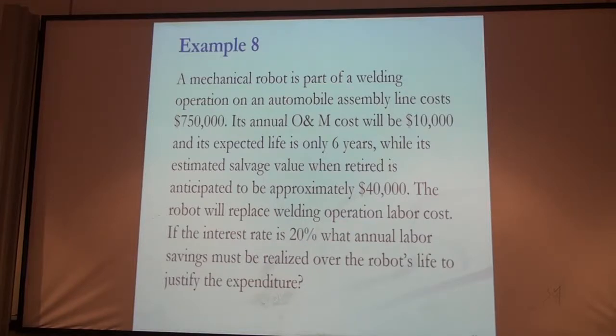A mechanical robot that is part of a welding operation on an automobile assembly line costs $750,000. Its annual O&M cost, operation and maintenance cost, will be $10,000, and its expected life is only 6 years, while its estimated salvage value when retired is anticipated to be approximately $40,000.